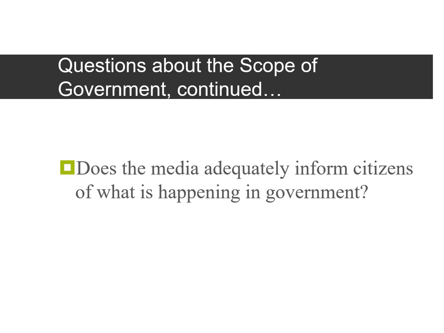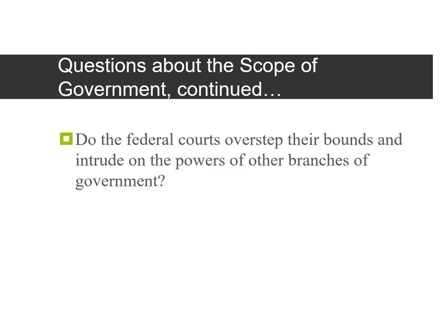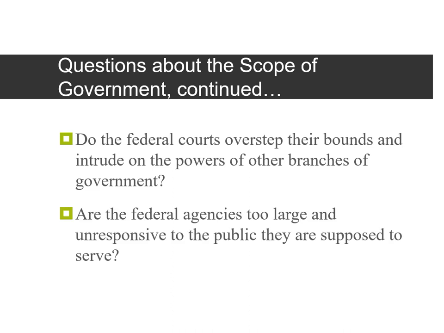And does the media adequately inform citizens of what is happening in government? And lastly, do the federal courts overstep their bounds and intrude on the powers of other branches of government?